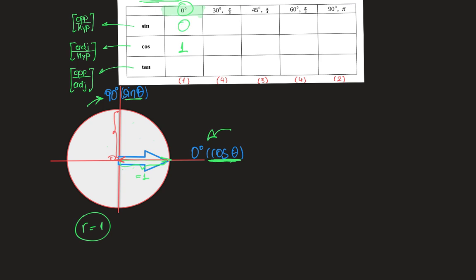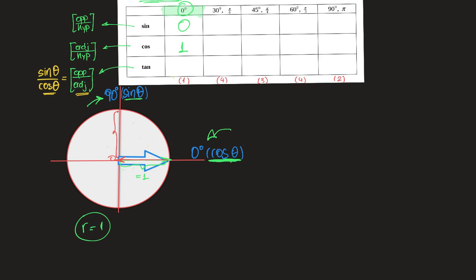And then finally, if we want to calculate the tangent, I'm going to use the ratio. Now, to calculate the tangent of 0 degrees, I have essentially two options: to use the opposite over adjacent ratio when I have a triangle, which I don't have in my case, or to use sine theta over cos theta in case I know the values of the sine theta and the cos theta.